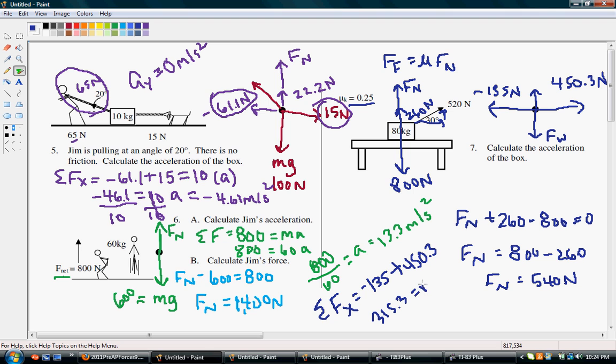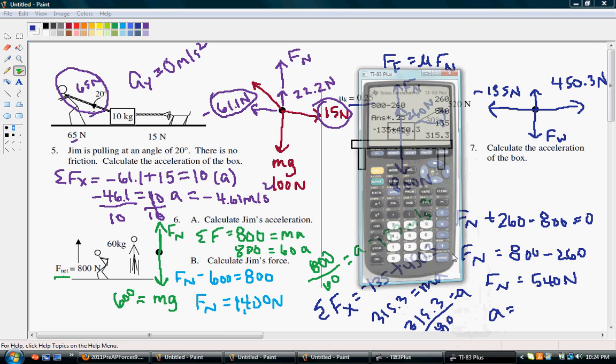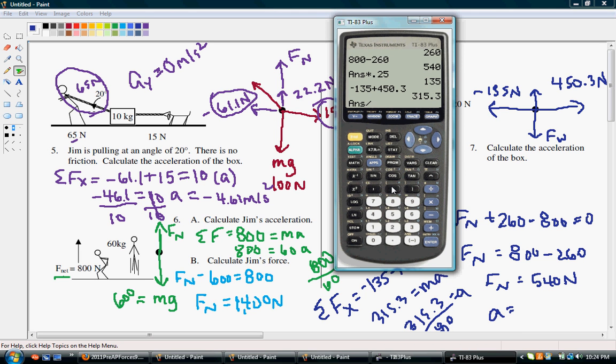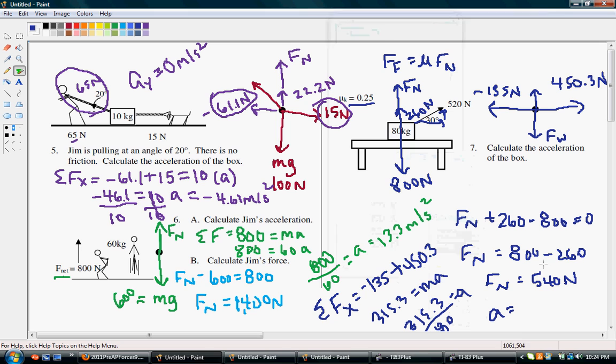And the sum of our forces equals mass times acceleration. So the mass was 80, so 315.3 can basically divide by 80 to get acceleration. Therefore, acceleration equals 3.94 meters per second squared.